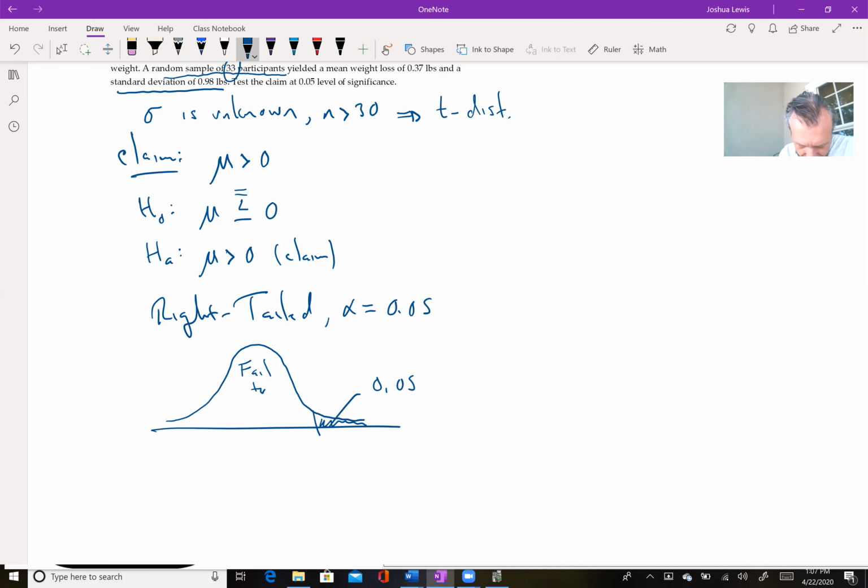Here is our fail to reject region. That's H0. Sorry, guys. And so we want this critical T value. Again, we're talking about T because we don't know sigma. All right. Well, let's go find T.